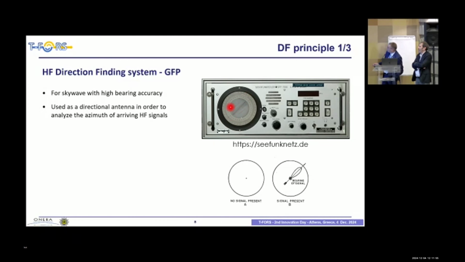You can see it here on this side. For example, the signal came from 45 degrees. And so the direction finding system is able to cap the other side of the ellipse.